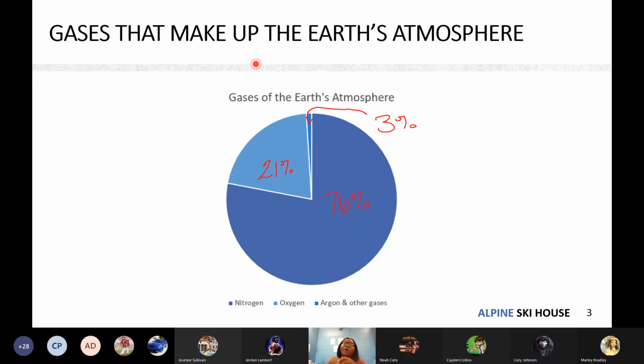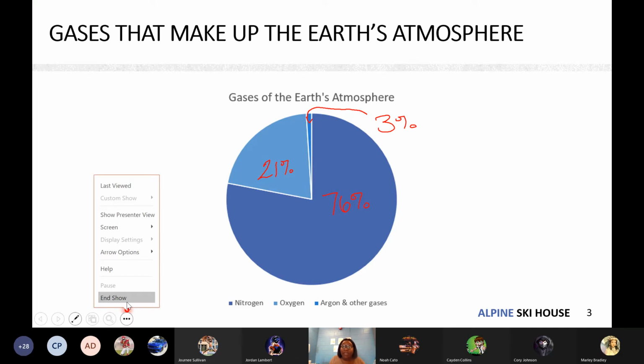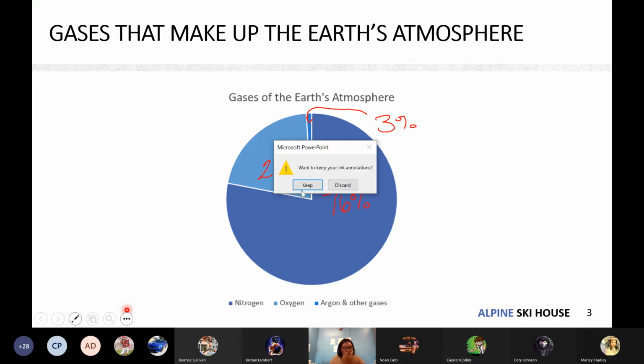These gases help us and the plants that we know and love to live on Earth safely and not freeze to death. We're going to learn more about how these gases help to trap heat on our Earth. So let's talk about what you're going to be doing for your guided notes for today.